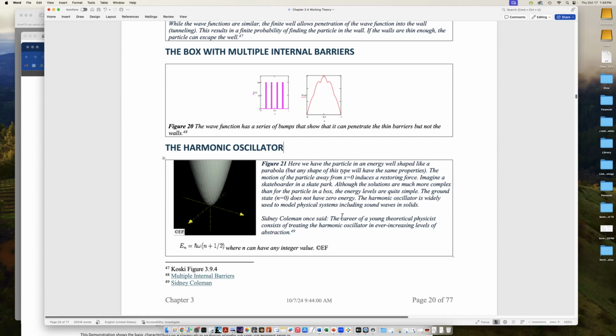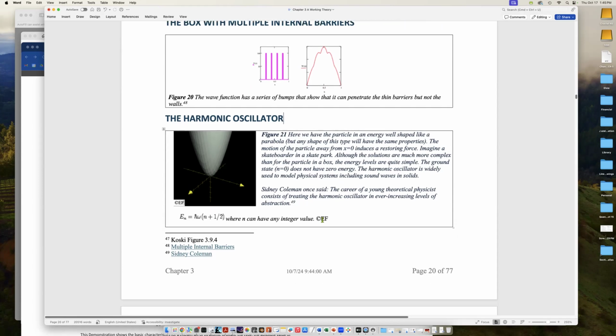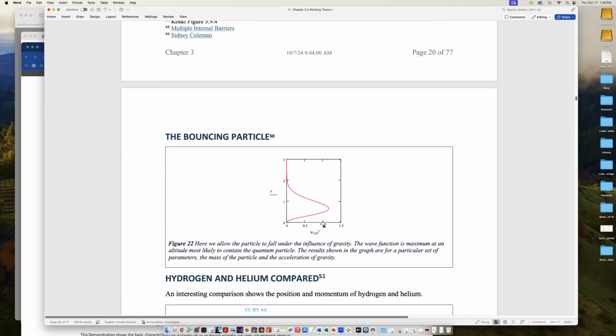And the nuclei of the sodium and the chlorine are always moving around because the temperature of the salt gives them energy. So they're always oscillating around. And that's a quantum oscillator problem to figure out how that system behaves with respect to temperature and other conditions.